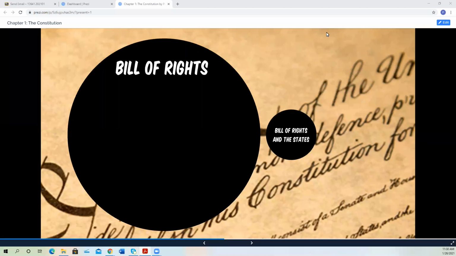And of course, we had that because we had just been through the experience with England and saw the damage a powerful central government can do. So we devised the federalist system where one territory is governed by two governments. In our case, it's the federal government and the state government.